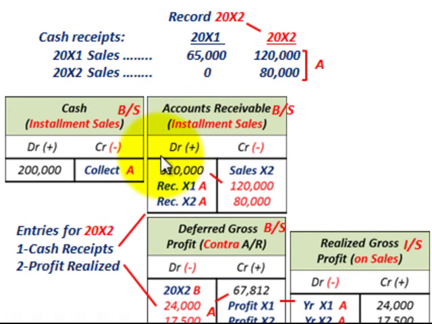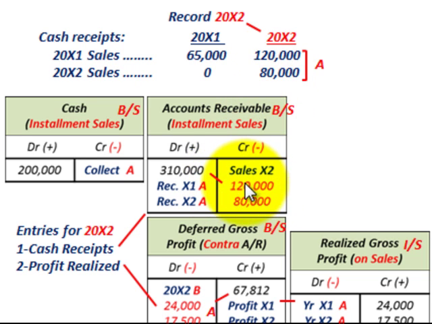So our installment sales were $310,000 for 20X2, so debit or increase our accounts receivable by that amount. Those are the sales in 20X2. And then we reduce our accounts receivable by the cash receipts that we have. So for our cash receipts in year 20X2 for 20X1 sales, that was $120,000.